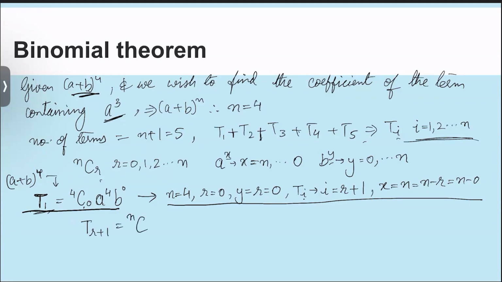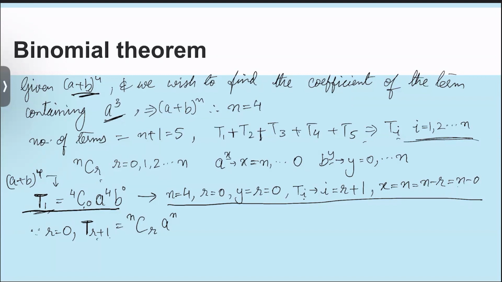So your (r + 1)th term is going to be nCr. Over here we are taking a raised to x, and the x part you can write as n minus r. Since r is equal to 0, your first term is 0 + 1.